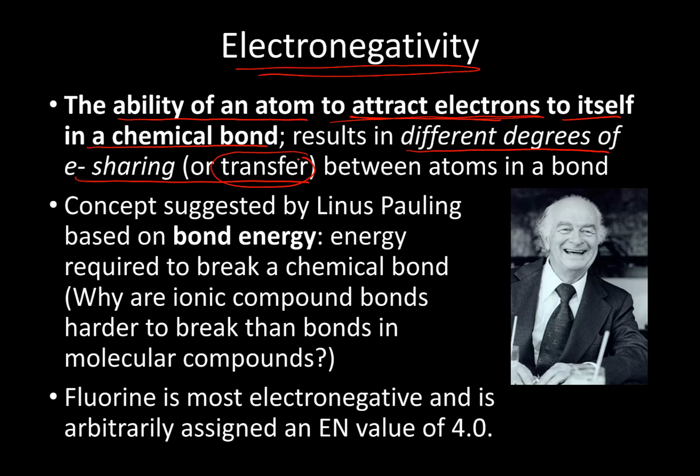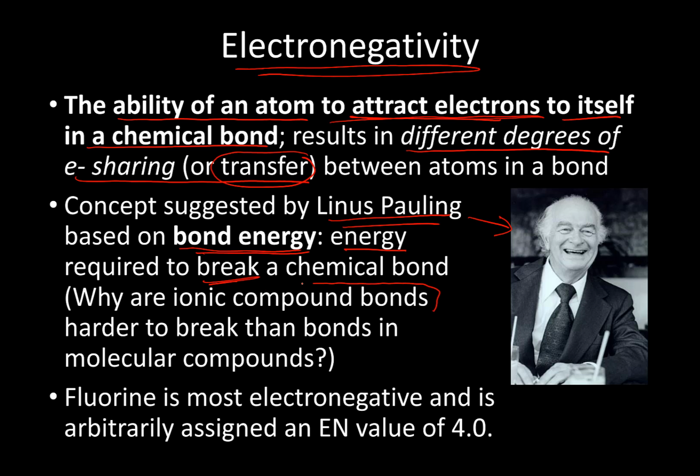This concept was initially suggested by a chemist, Linus Pauling. So there's a picture of him. The concept of electronegativity is based on observations he made about bond energy. Bond energy is the energy required to break a chemical bond.